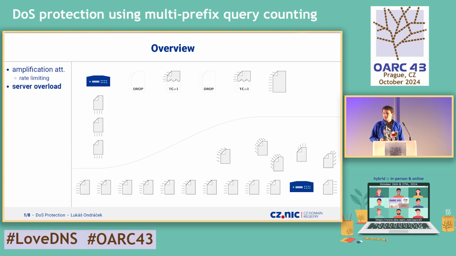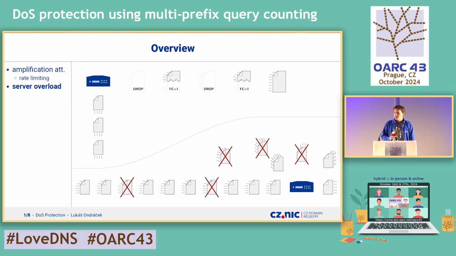The other type of attack is when we again receive many requests from some host, and we don't have enough CPU time to process all of them. So we have to drop some of the requests.